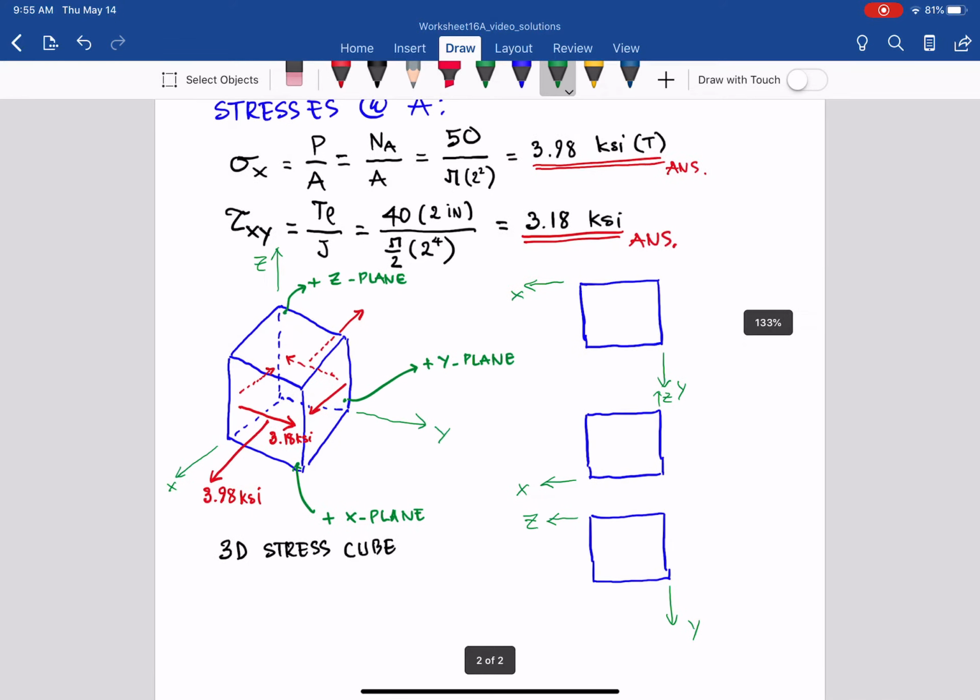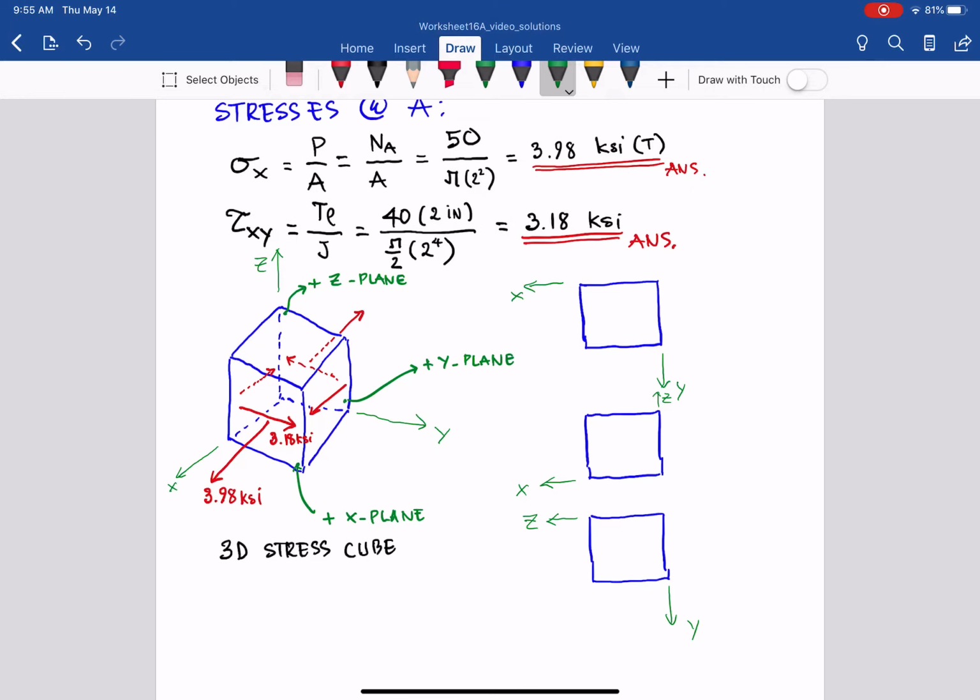So how does the stress block look? As you can see, for the XY we already have sigma X and tau XY. So we have this case, as you can see now, in X, 3.98 KSI. Okay, and of course that one is also 3.98 KSI on the positive plane on the left, based on my showing the positive x-axis to the left.